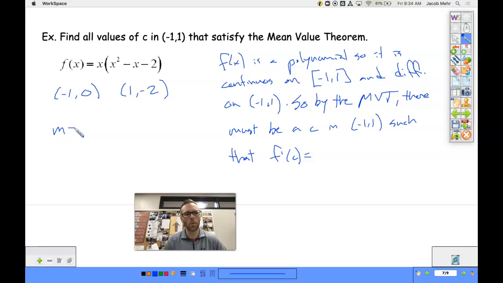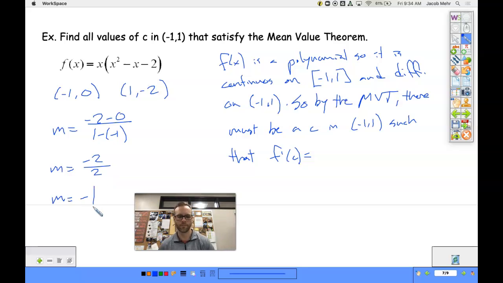So what's the slope between these 2 points? -2 minus 0 over 1 minus -1. That's -2 over 2. This has a slope of -1. Okay? So there has to be a c in -1, 1 such that f prime of c equals -1.